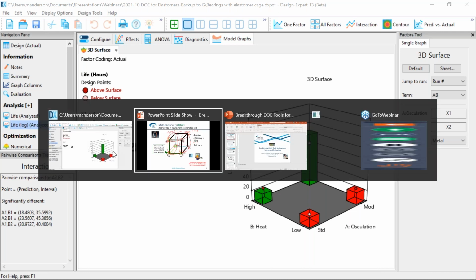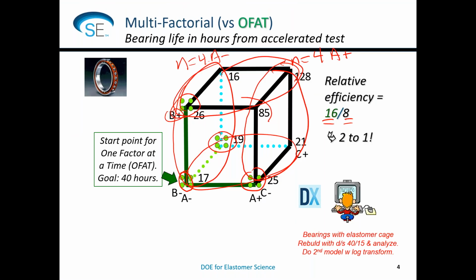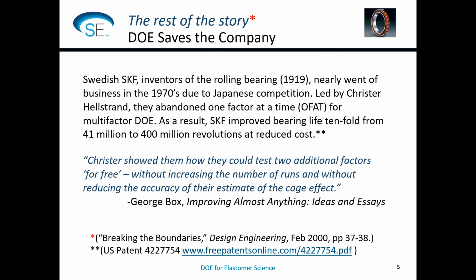first case, which is illustrating the factorial design in general for this bearing. And then the rest of the story is listed here, is that they were able to actually increase the bearing life from 41 million up to 400 million revolutions, and they reduced the cost by putting that plastic in.